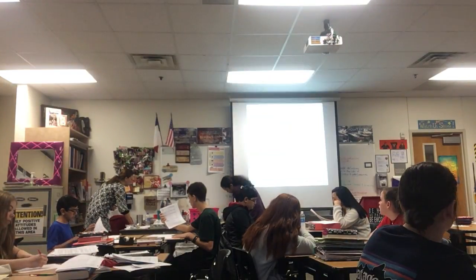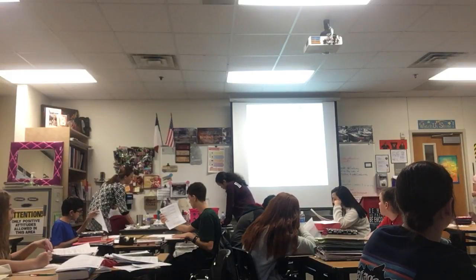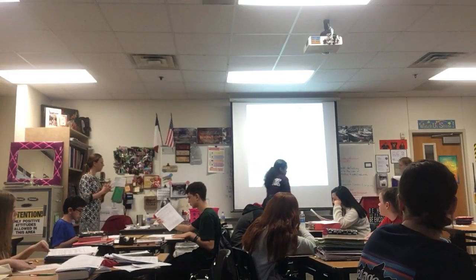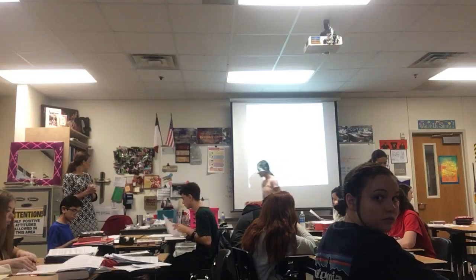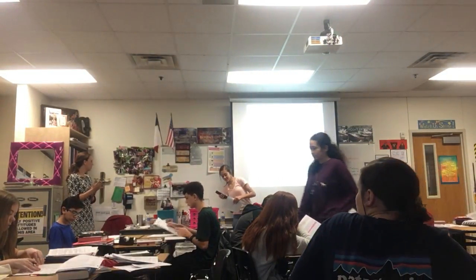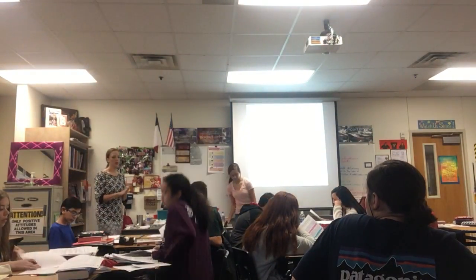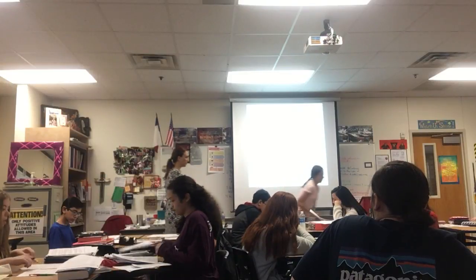Just for reference, I'm going to keep this pre-AP editing and revising up here so you can know and remember what things are. Quotes should be underlined in red, counter argument should be in green, so on and so forth.